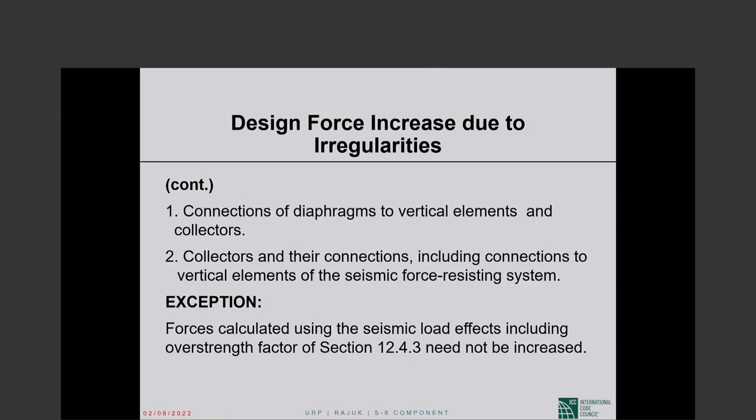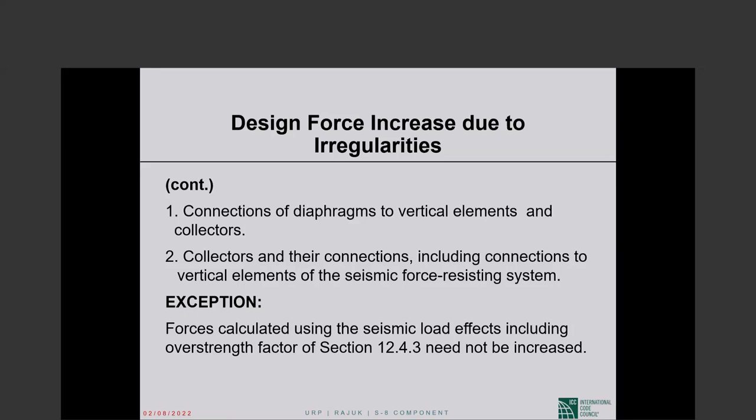The diaphragm is connected to the collector where there is no shear wall. The diaphragm is connected to the shear wall where there is a shear wall. Connections of diaphragms to vertical elements, meaning shear walls or frames, and to collectors. Those connections have to be designed for 25% more forces.